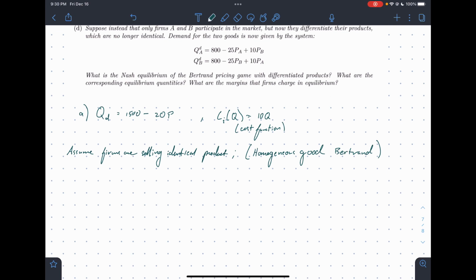What we need to do is determine what consumers will do.